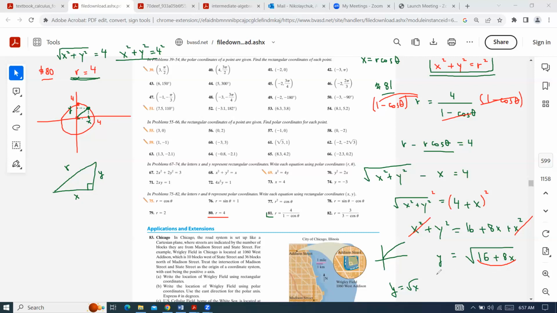We got the 16 plus 8x, which is not negative, because otherwise you cannot extract the square root. It may be equal to 0 as well. So you can see that 8x is greater than or equal to negative 16, and x is greater than or equal to minus 2. So then the graph of this will be starting at minus 2 and resembling a shape of half of the square root function.